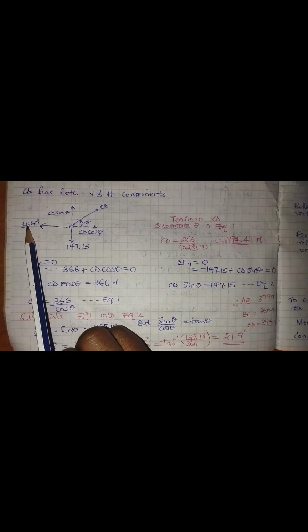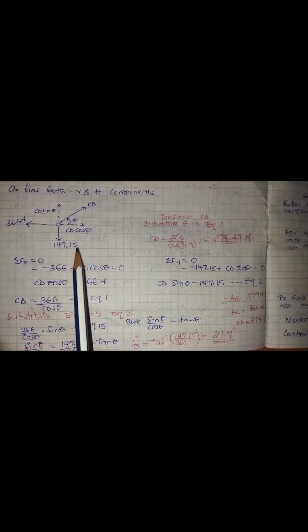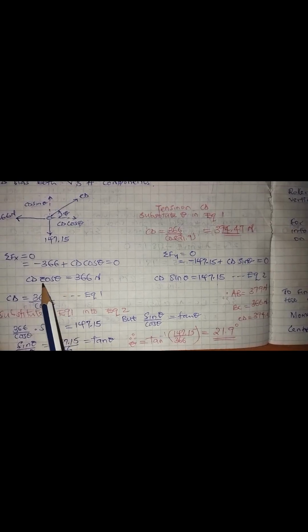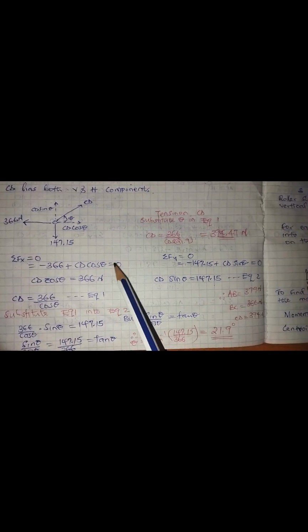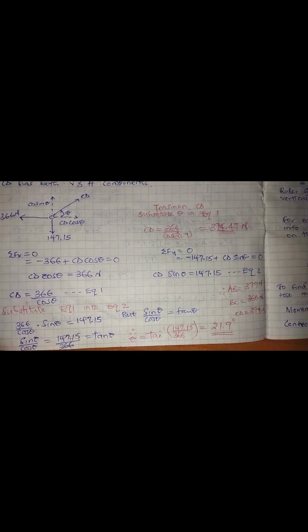So we have this force in the x direction, which is force in the negative direction. We are adding to the force that is facing, which is the x component of this force we have in that one. So by this you can solve for CD. So CD will be given by 366 over cos theta. Remember, we do not know the value of this angle, and we are going to determine that, we shall see.